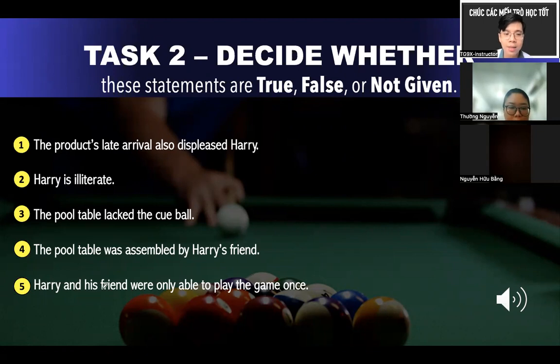Harry and his friend were only able to play the game once. Are these clear to you? You need to make clear all of these before you start to listen. Because again, we are not just listening and scanning. You need to understand. So if you don't understand the questions, how can you do the task?